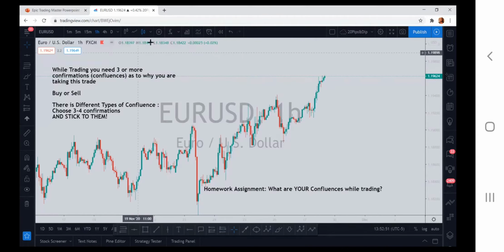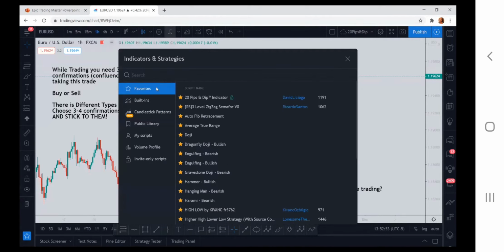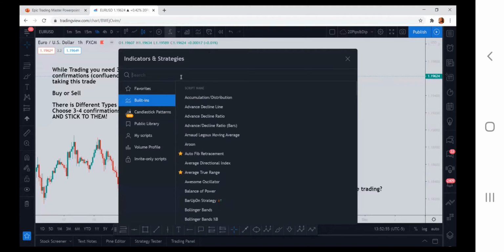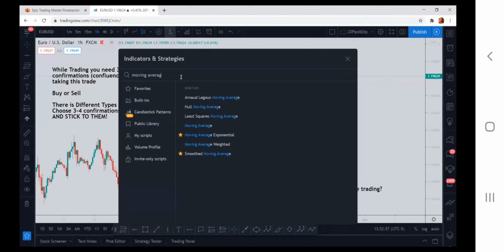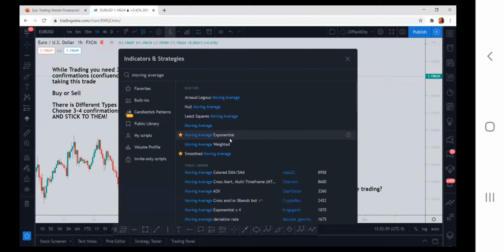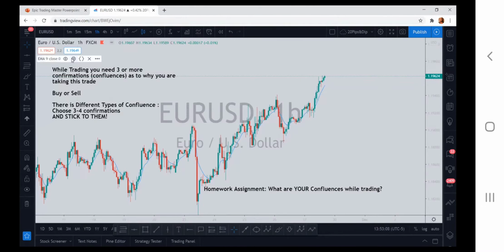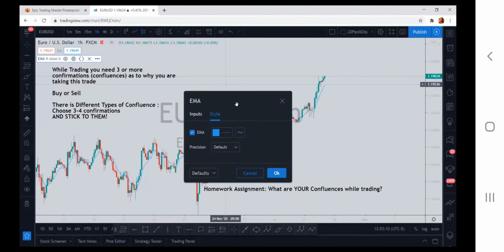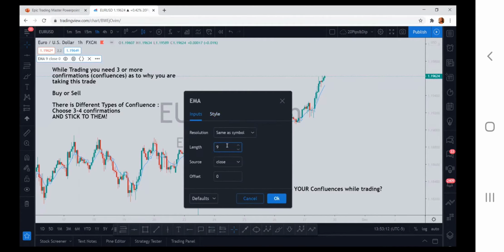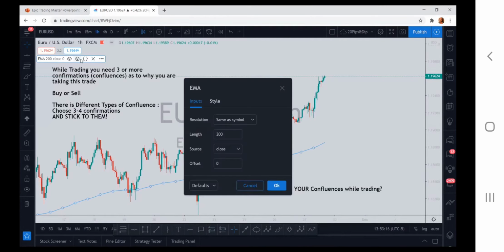So when you go inside TradingView and you go to moving average, you have the exponential, the weighted, the smooth. You're going to hear traders talk mainly about the exponential, and I personally like the 50, so you can come over here and you can use 200, it doesn't matter, right? So here's the thing with that.